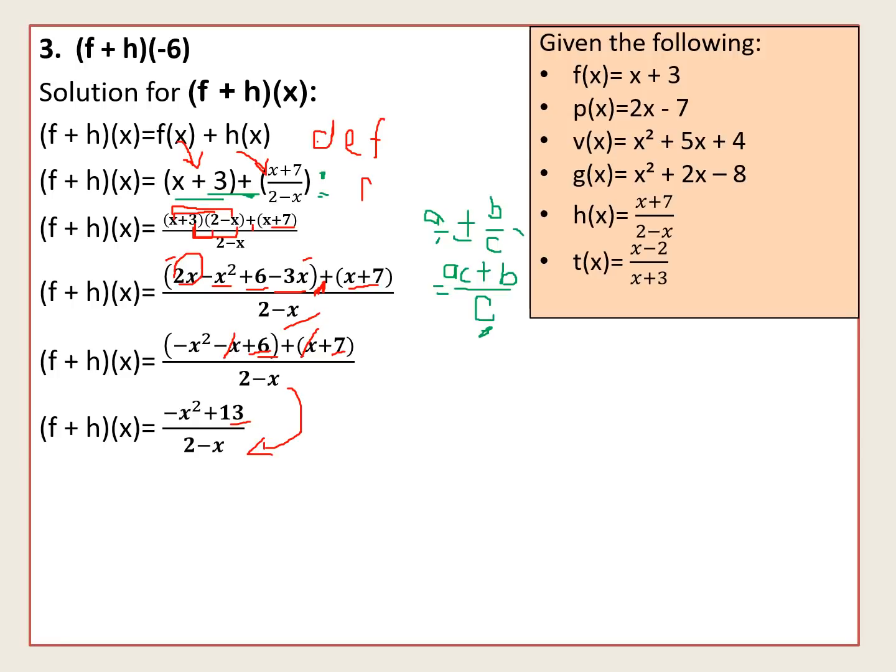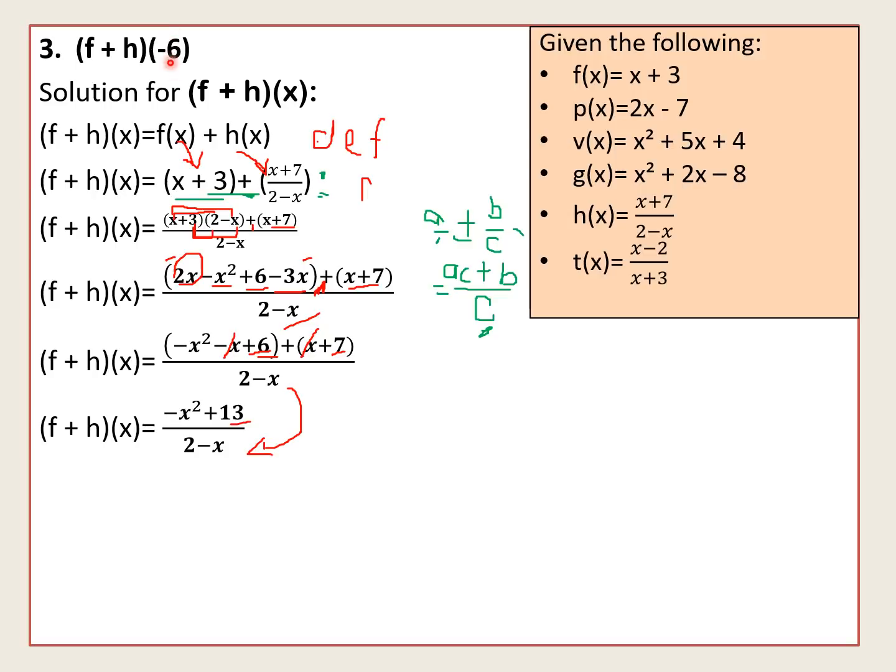Okay. Can we still simplify this ratio? Masisimplify pa ba natin ito? Hindi na po. Therefore, the sum of f and h of the domain x is negative x squared plus 13 over 2 minus x. So, for us to evaluate, we will be using this, yung nakuha natin.